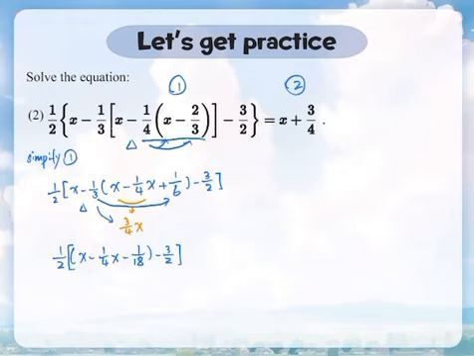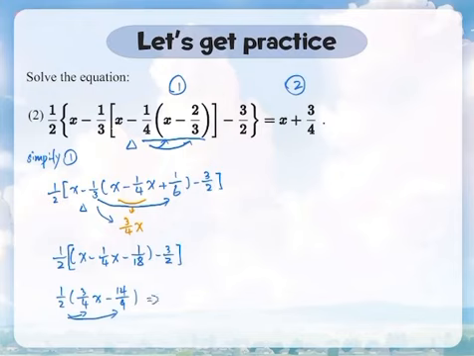Now all you need to do is to combine all the terms. So you have 1/2, and in the parentheses, it's going to be 3/4x minus 14/9. Then just one last step. Distribute this 1/2 into the terms.